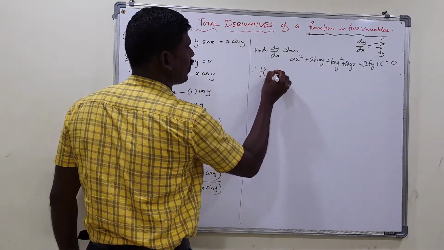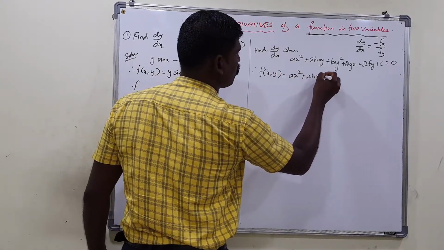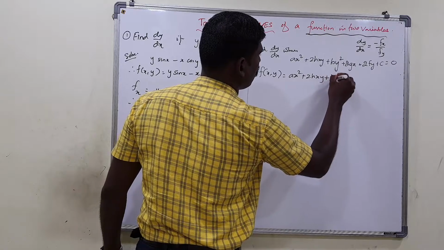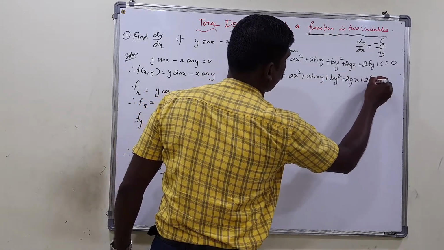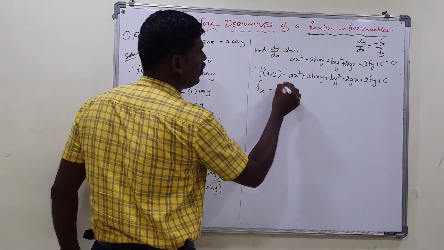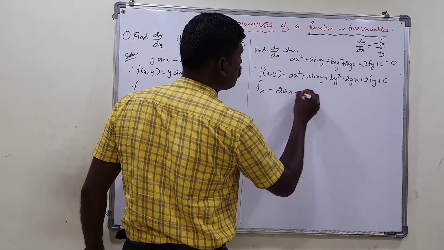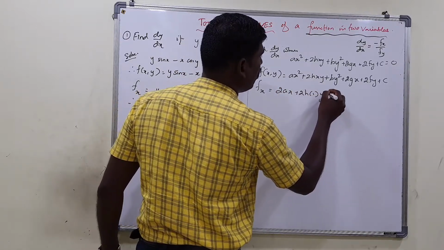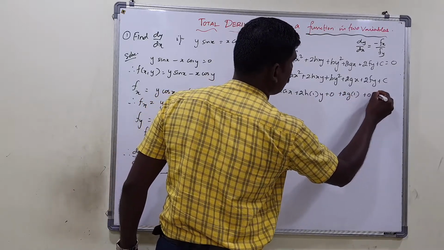Therefore f of x comma y can be written as ax square plus 2hxy plus by square plus 2gx plus 2fy plus c, isn't it? So what is fx? Taking the partial derivative with respect to x, 2ax plus 2h into 1 into y plus 0 plus 2g into x becomes 1 plus 0 plus 0, isn't it?